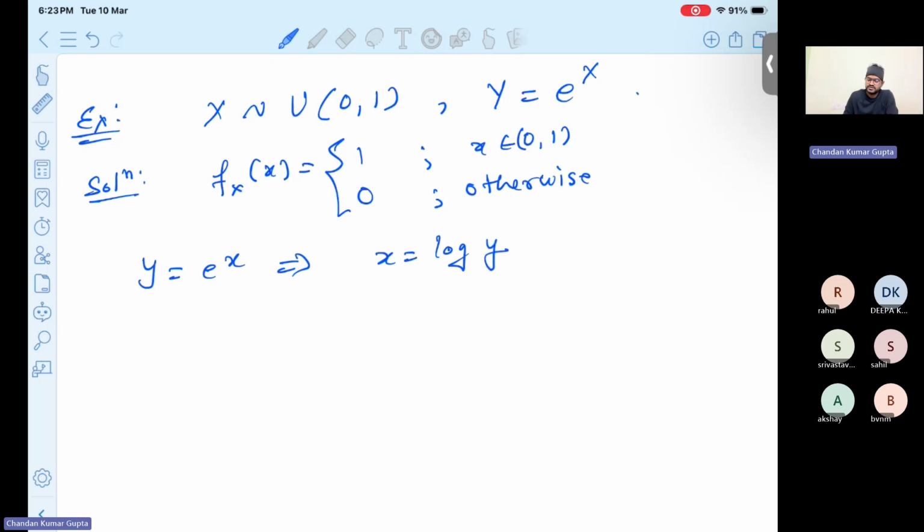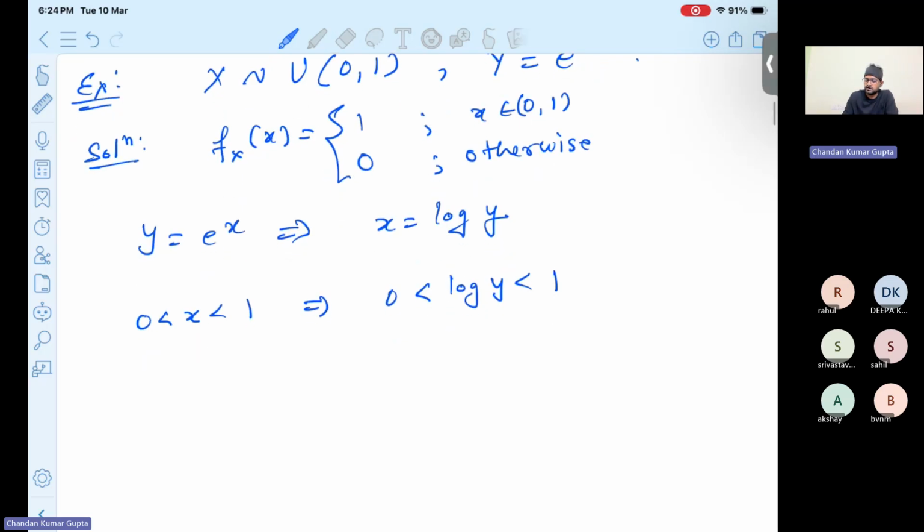Here we know that x lies between 0 and 1. We replace x by log y, so log y lies between 0 and 1.